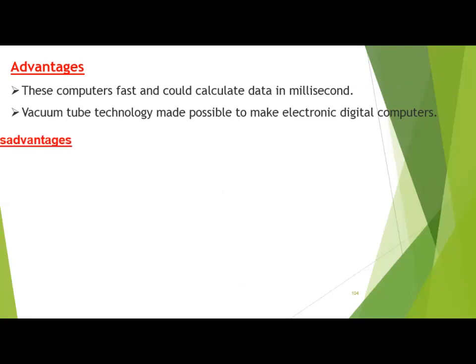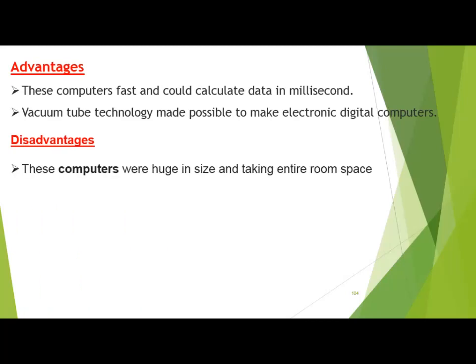As I told you, there are many disadvantages because of the vacuum tube. These computers were huge in size and took up the entire room space. In the vacuum tube slides, I told you a number of vacuum tubes, resistors, and capacitors were used in first generation computers. That's why computer size was very big.